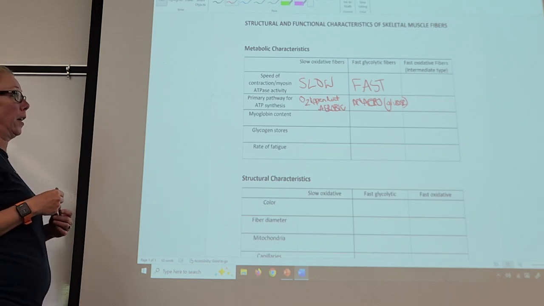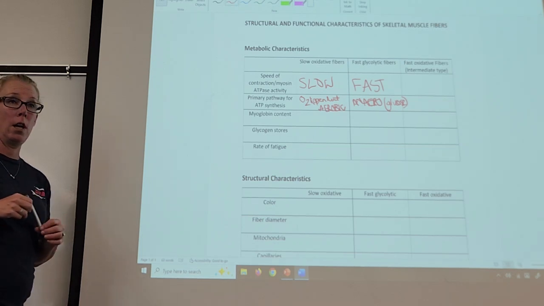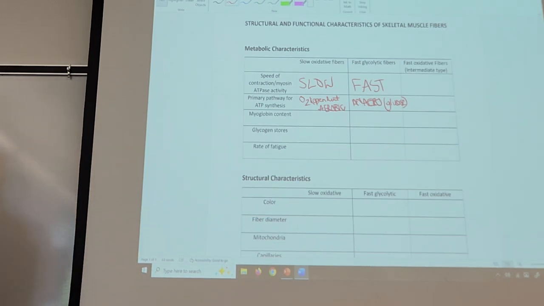If they're oxidative fibers, they utilize oxygen, is their myoglobin content going to be high? Yes. So I'm just going to do arrow up for high concentration. Okay. So fast glycolytic fibers, since they're utilizing glucose for their energy, do they need a lot of myoglobin? Relatively speaking, no. So it's going to be low.